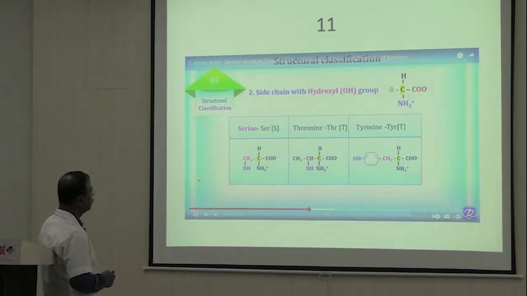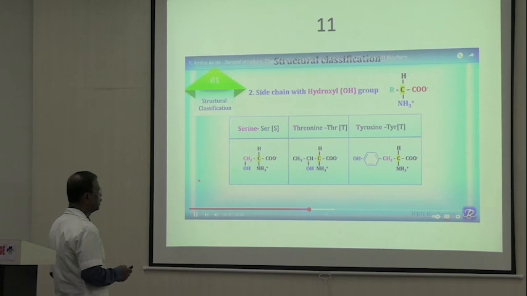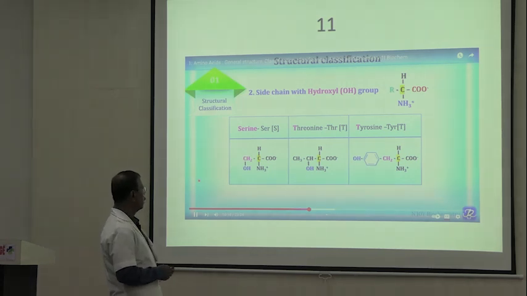Now the second group, depending on the side chain, is the side chain containing a hydroxyl group.